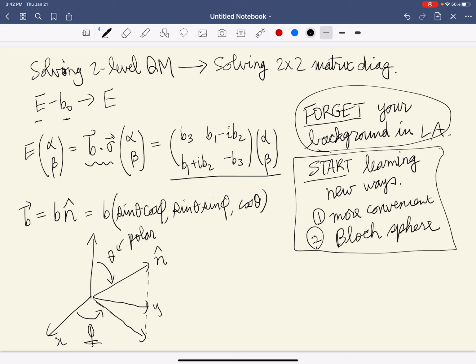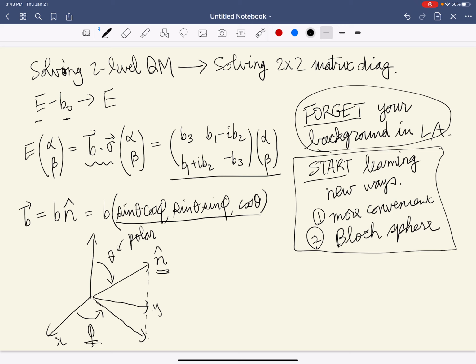Okay, so using the polar angle and the azimuthal angle, you can express this orientational vector, or the unit vector, like this. Okay, so this is something that you probably learned in the calculus class, and that knowledge will come into play in a very useful way.